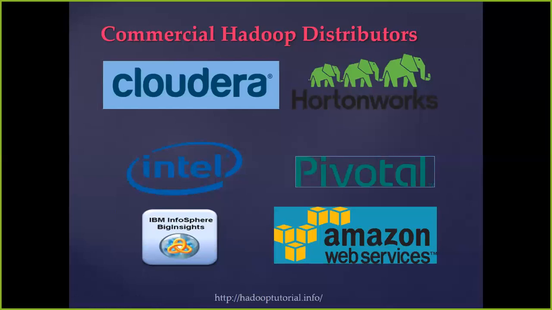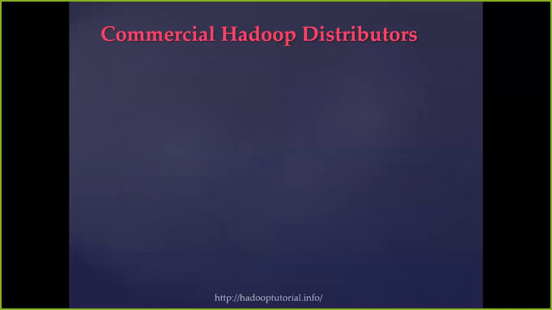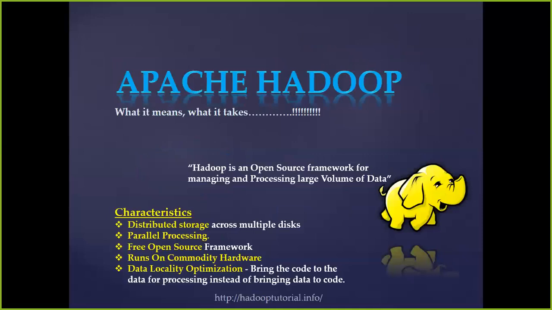Okay, so everyone can have their own frameworks. But for all these distributions, the source is Apache Hadoop only. This is the source. From here, they take it and apply their patches and plugins, and they name it: this is my framework, this is my release.